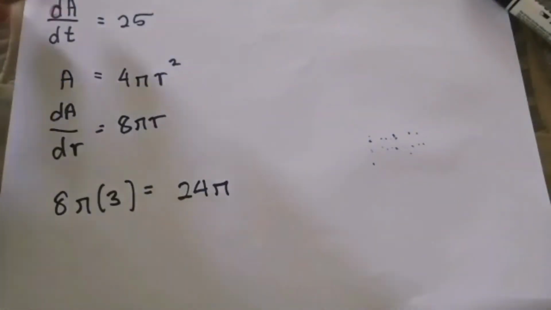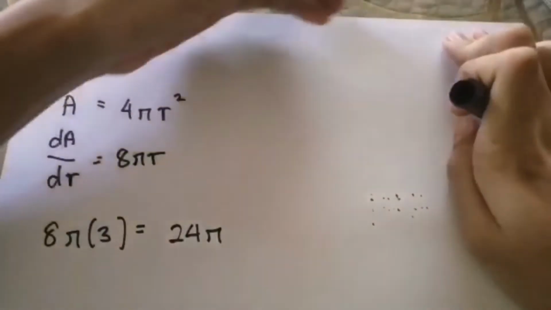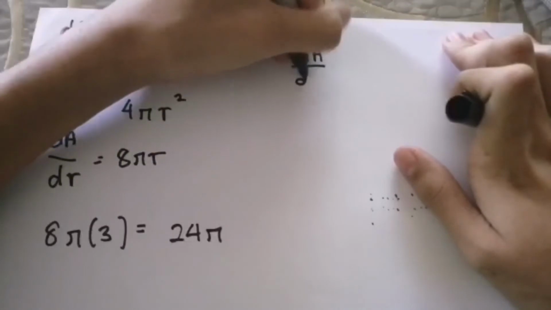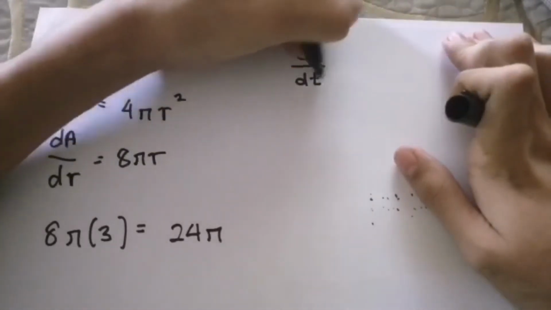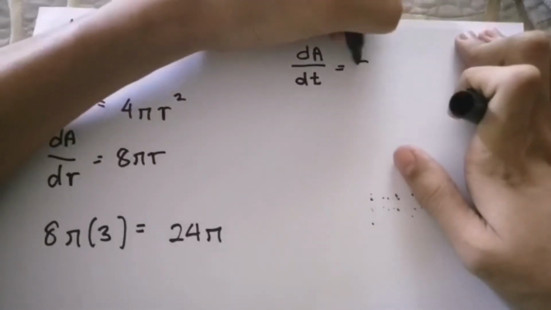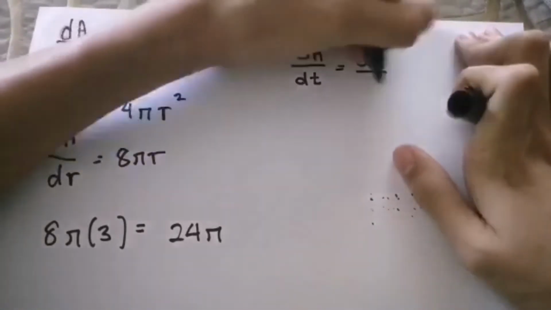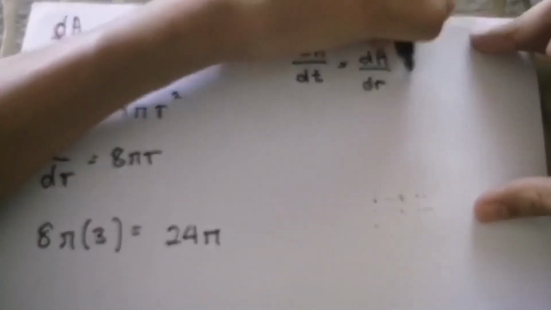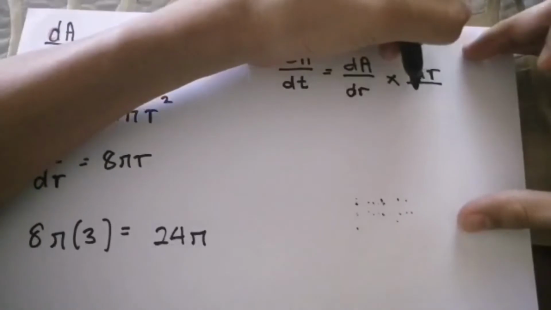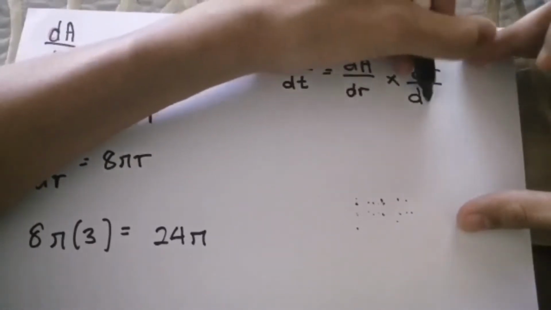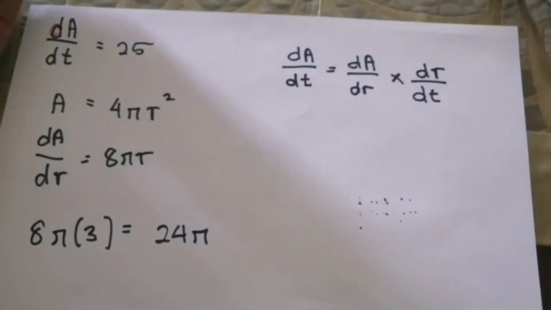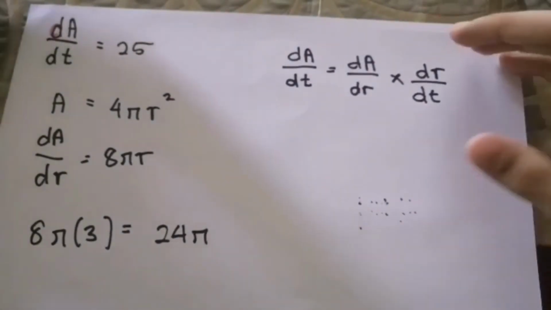Now using the formula dA over dt equals dA over dr times dr over dt, we can simply substitute the values we got earlier.